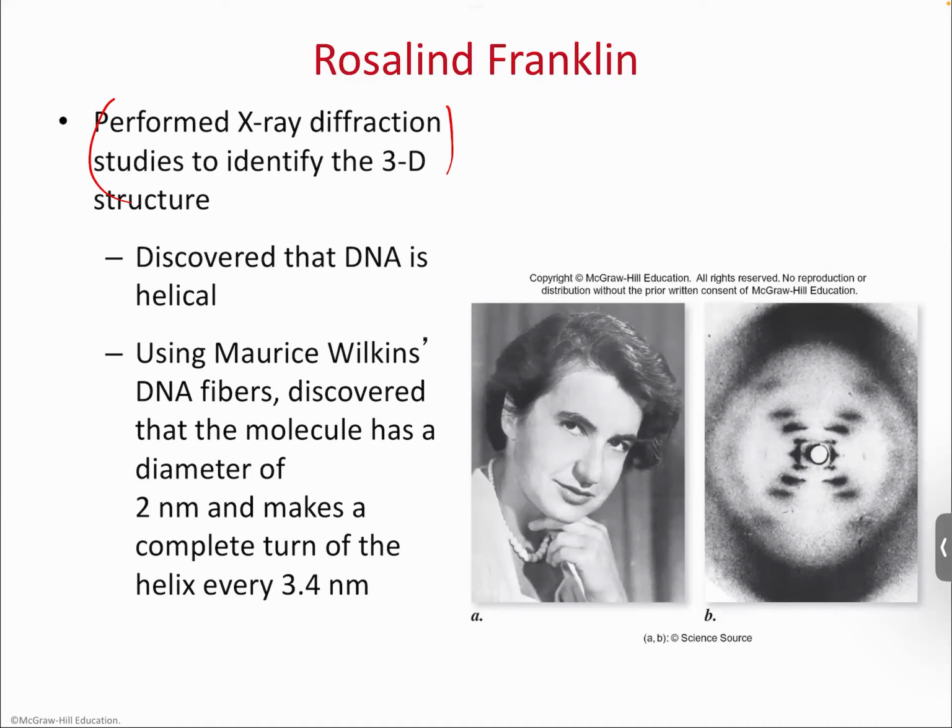So it's not unlike trying to study who you are, your structure, by looking at your silhouette, right? The way you diffract or bend the radiation, in this case X-ray radiation, is proportional to your structure. Just like the way that you bend the light or block the light in the case of your silhouette is proportional to your structure. So I can tell a lot about your structure based on your silhouette. And that's exactly what you had here.